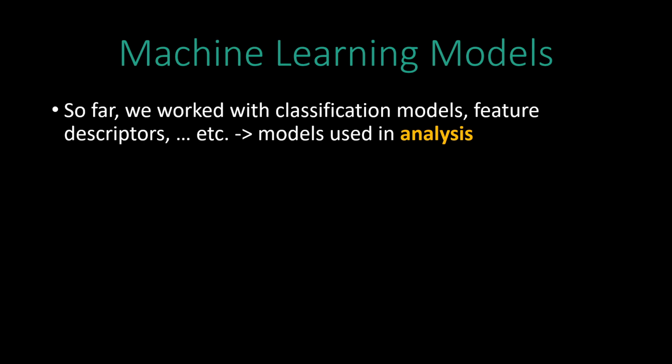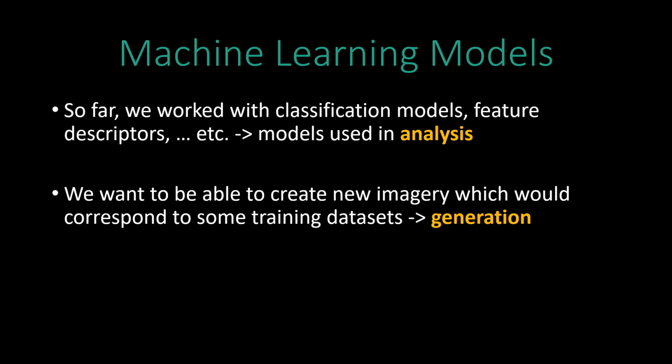Okay. So far, what we worked with was mostly classification models. So you had an image and you wanted to have a classification, or maybe get a feature description, etc. And so these are sort of models which are used in analysis. You are compressing the large information which is contained in the image into some descriptor feature that is sort of compressed and has the important information in it.